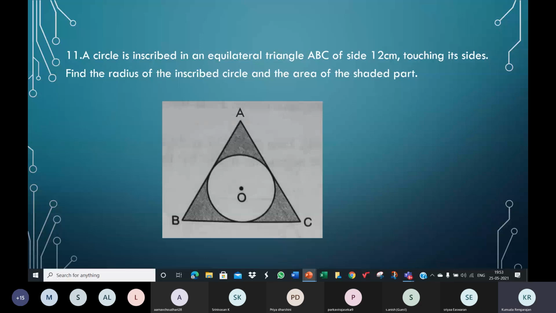Yes, only Srinivasan has got the radius. What about the others? Nafi has shared. Got the radius. Please share the picture, child.